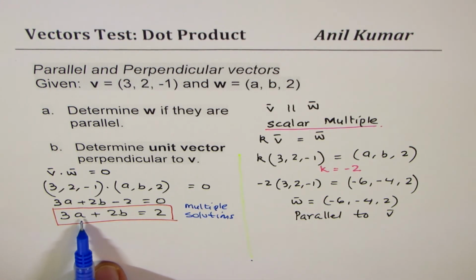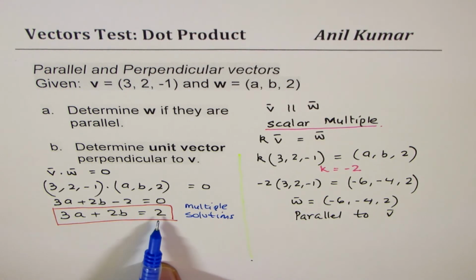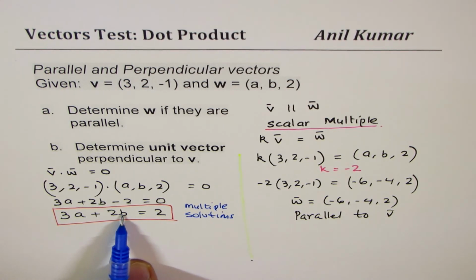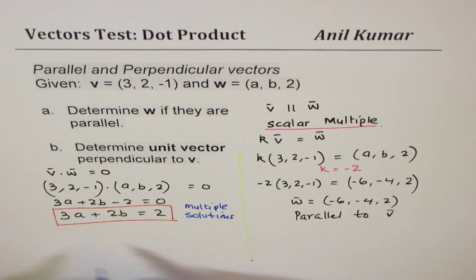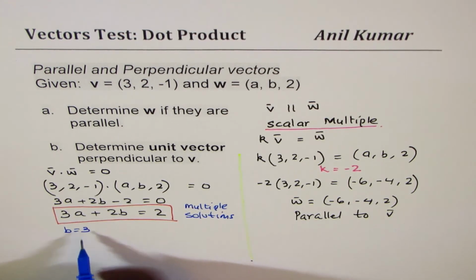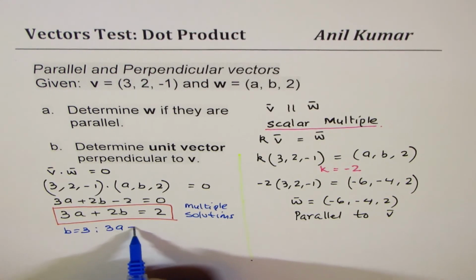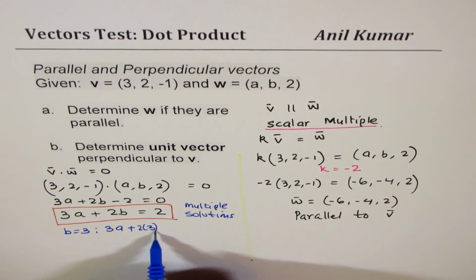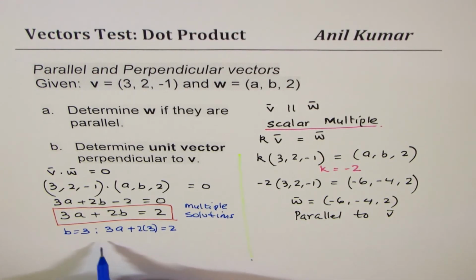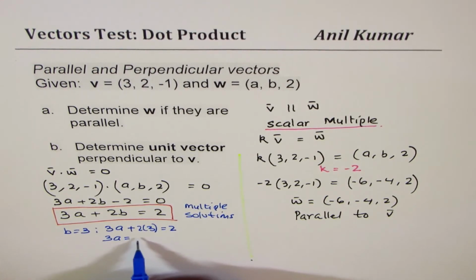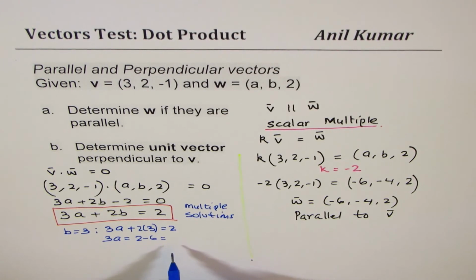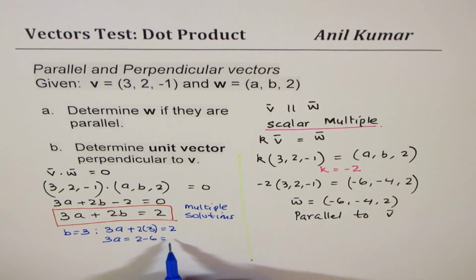So just to keep them whole numbers, if I say b is 3, for example, then we have 3a plus 2 times 3 equals 2. Or we have 3a equals 2 minus 6, which is minus 4.